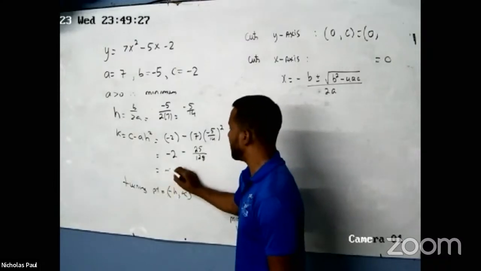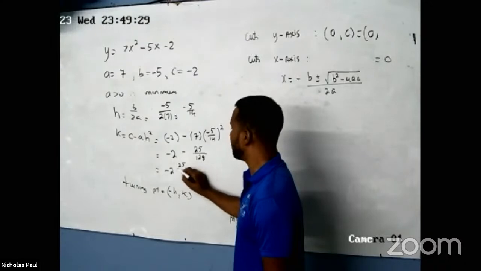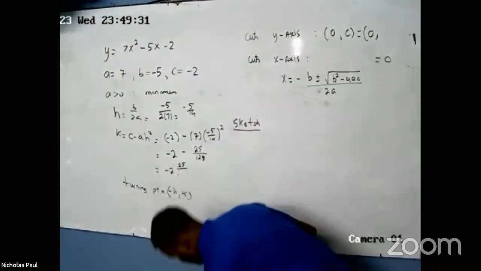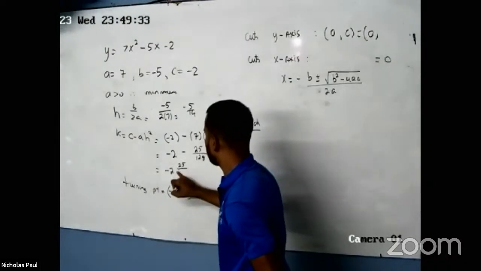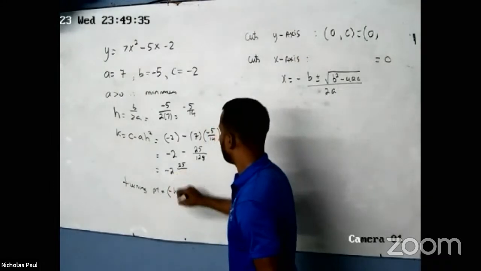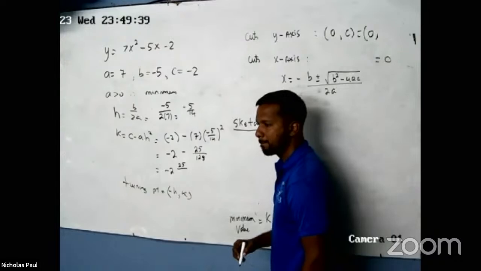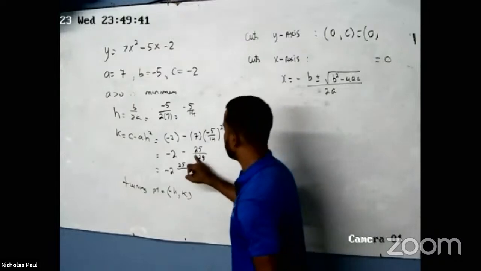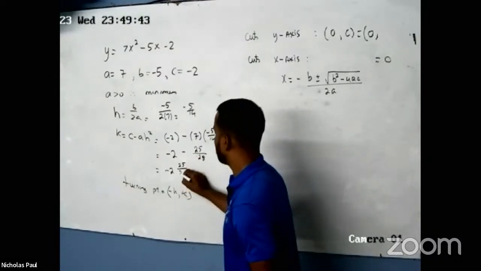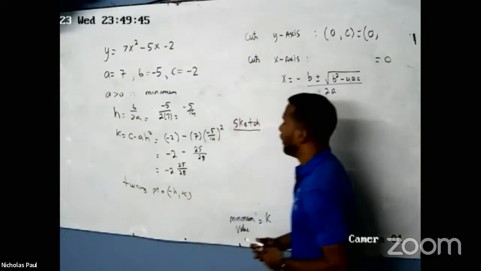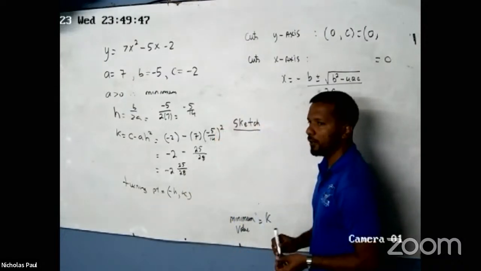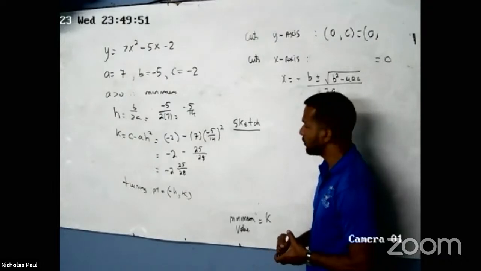So your answer is -2 on 25 on 28. It's supposed to be negative. So that is 25 on 14 by 2.